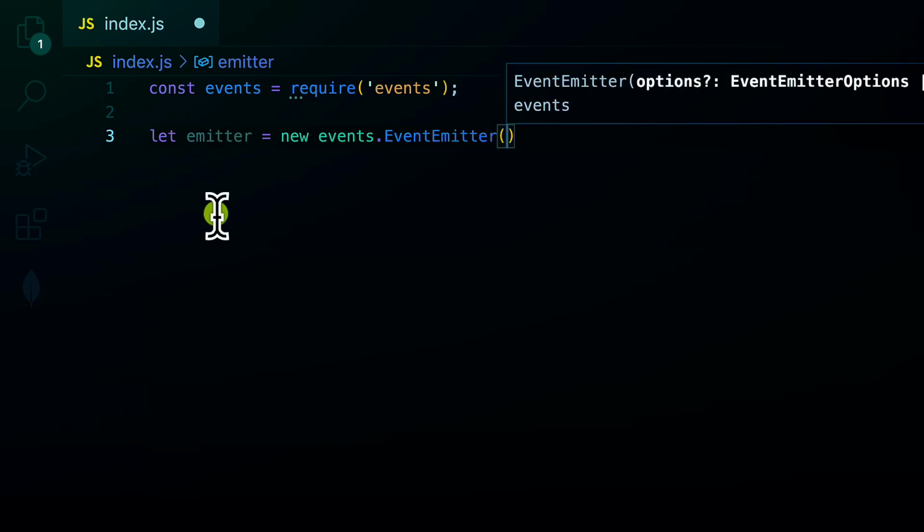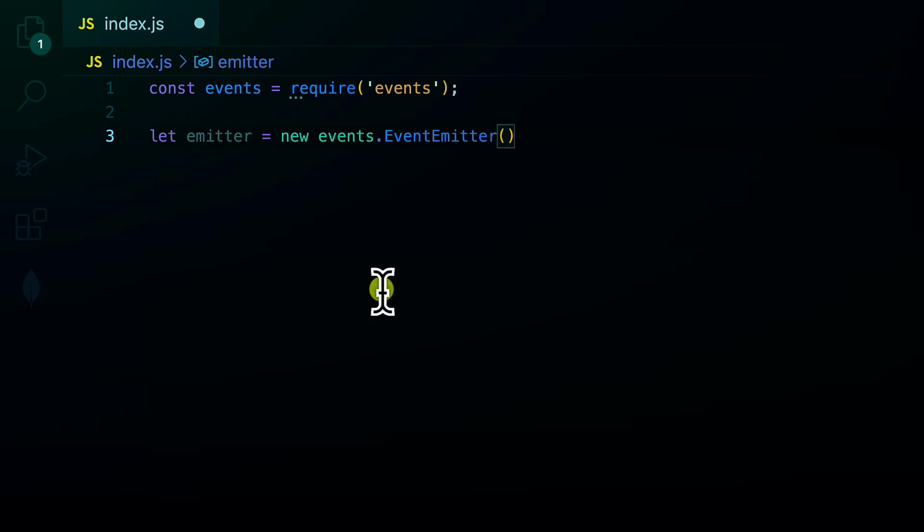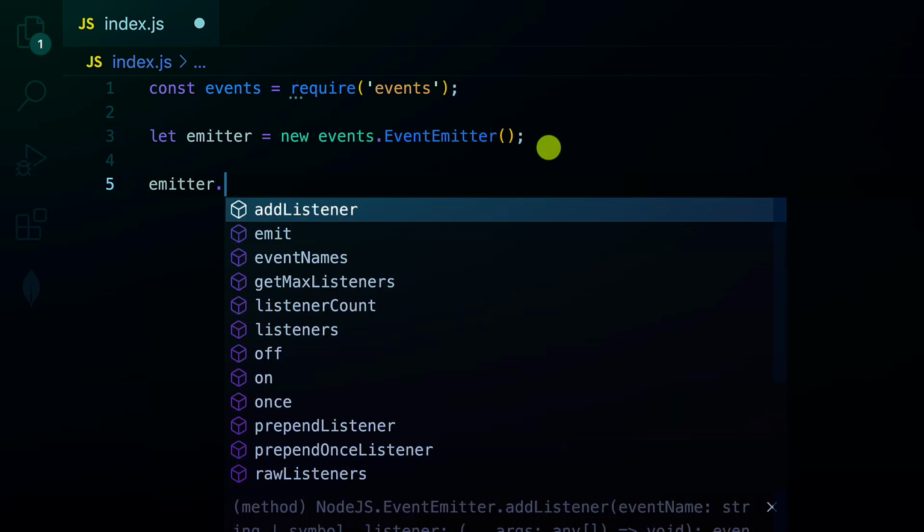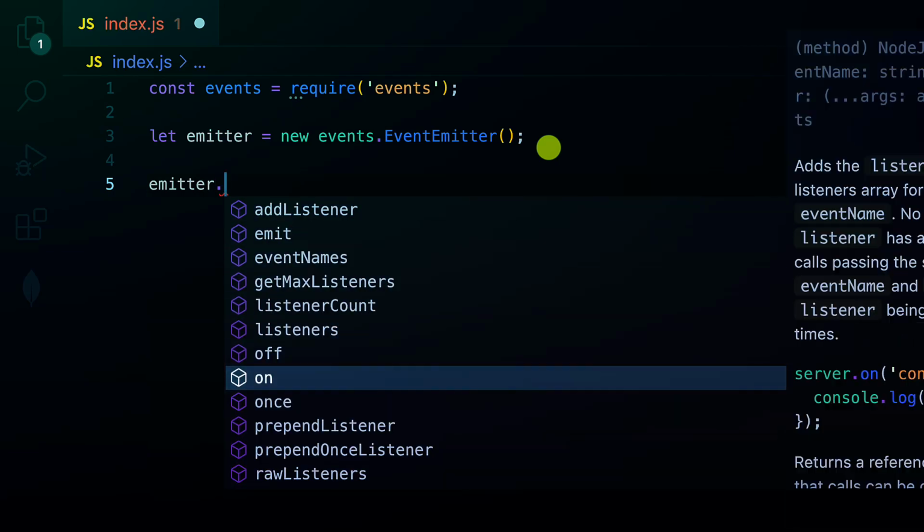Once we have instance of the event emitter class, we can bind functions to event using one of the methods called on. The on method takes two arguments, the name of the event and then the function that you want to bind. And it goes like this. So over here, I'll bring in the emitter, and when I make use of period, we have all these methods.